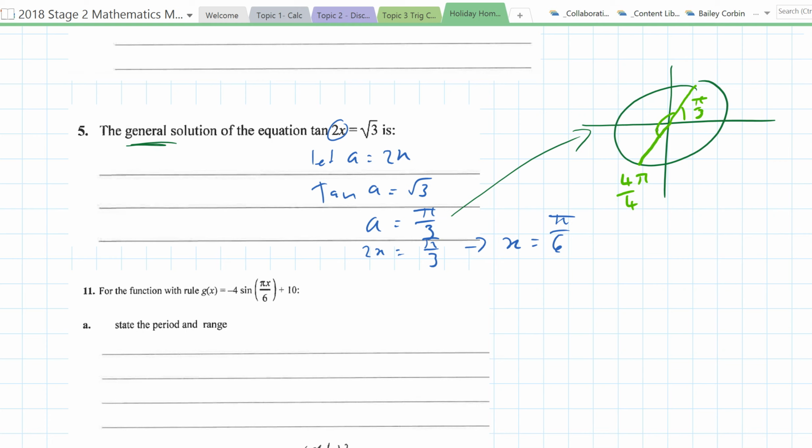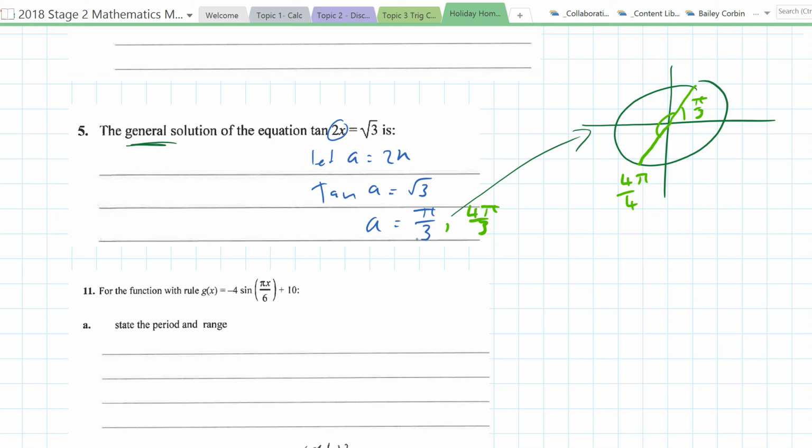So our solutions at this stage really should be a is equal to pi on 3, and there's the second one, 4 pi on 3. And then we're going to have this scenario repeating every pi times.